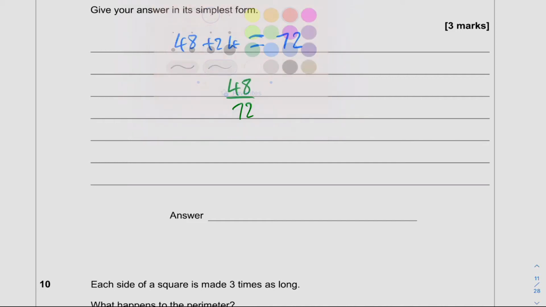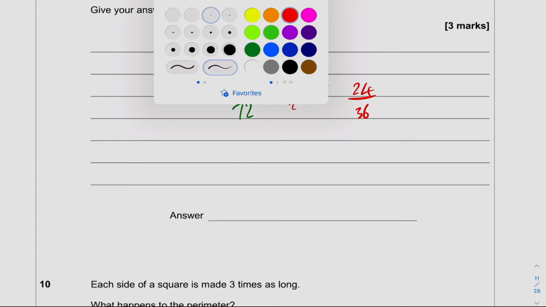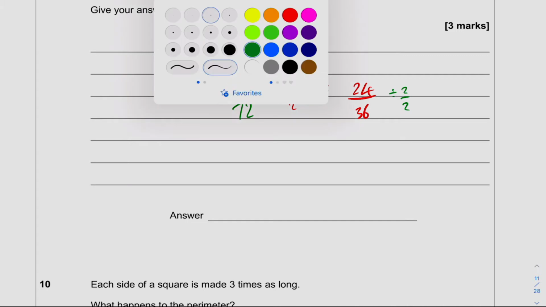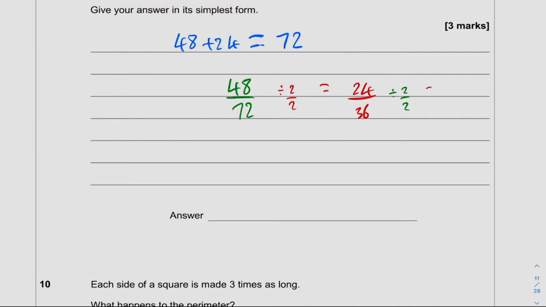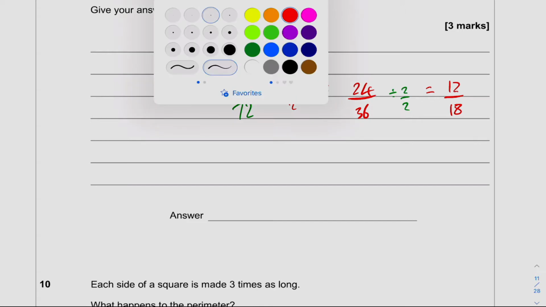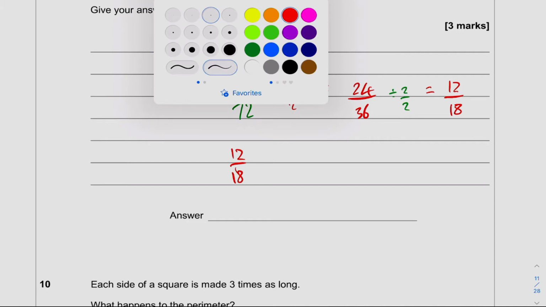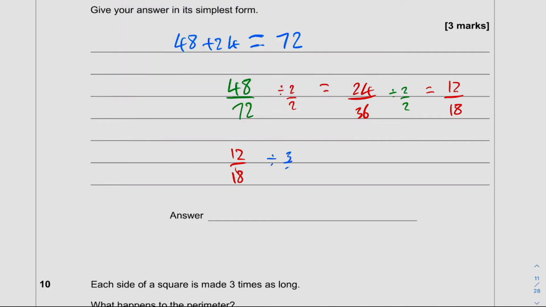We'll just divide by 2 initially, so dividing by 2, top and bottom, we are left with 24 over 36, and then we'll divide by 2 again, top and bottom, and this leaves us with 12 over 18, and then I can see that we can just divide by 3 now. So if we then take our 12 over 18, and divide top and bottom by 3, we are left with 4 over 6, and then we can divide finally by 2 again.